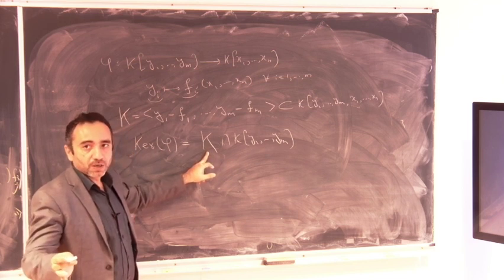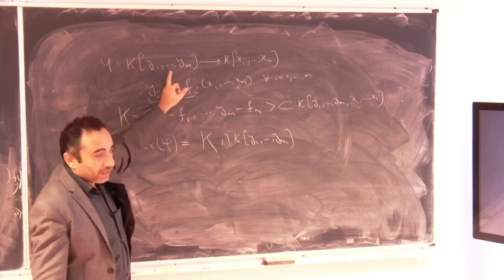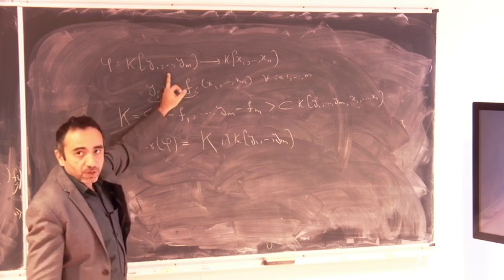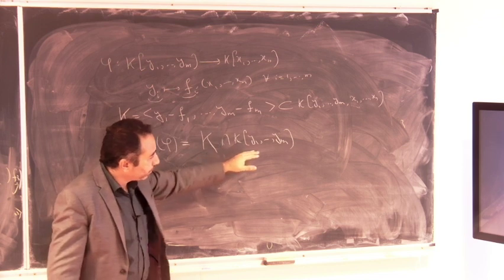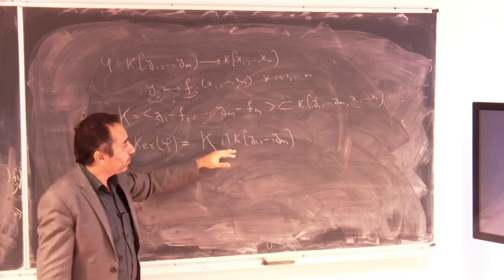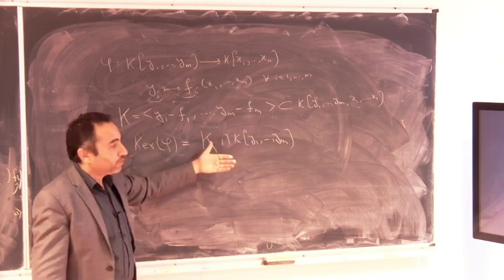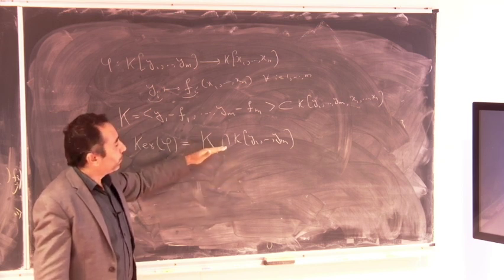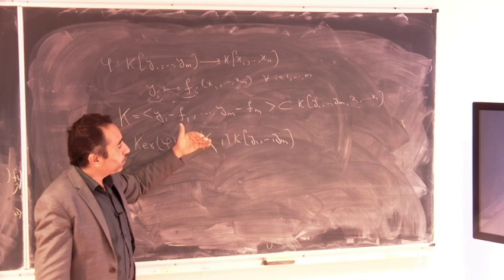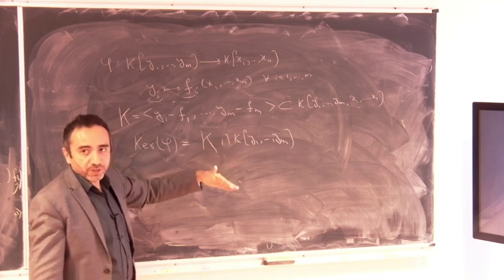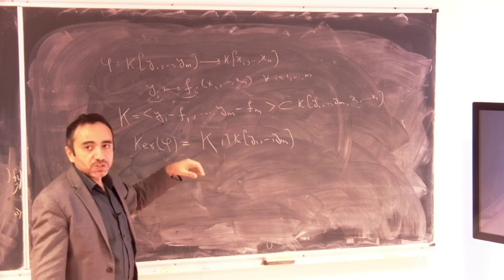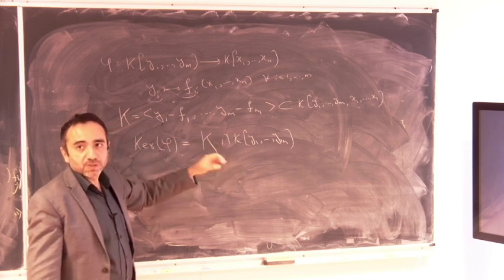This ideal is in both x and y variables, and the kernel means we are looking for elements from k of y1 up to ym. For the elimination we can use the same way we computed before: we compute a Gröbner basis with respect to an order where x variables are larger than y variables, and then we discard those polynomials which contain x variables.